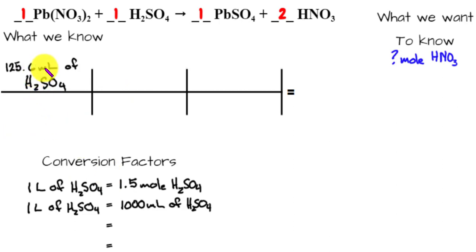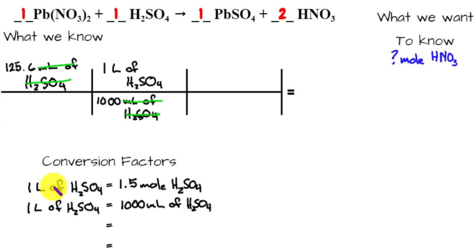Because I have milliliters up here, I'm going to put 1,000 milliliters of H2SO4 in the denominator and 1 liter of H2SO4 in the numerator. That's because I want to cancel milliliters of H2SO4 with milliliters of H2SO4, leaving me in liters.